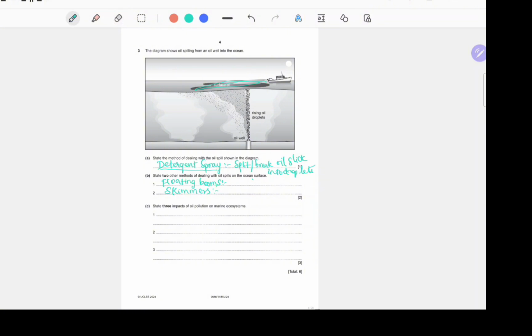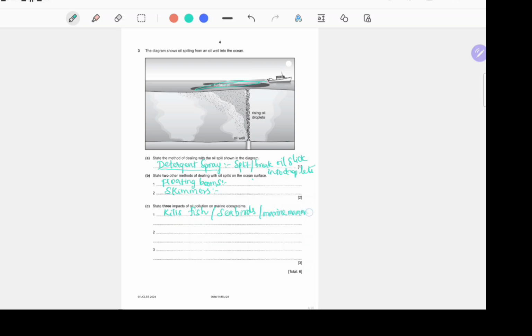Can we go to the third part? State 3 impacts of oil pollution on marine ecosystem. The basic thing we know is it kills fish and sea birds and marine animals or marine mammals.